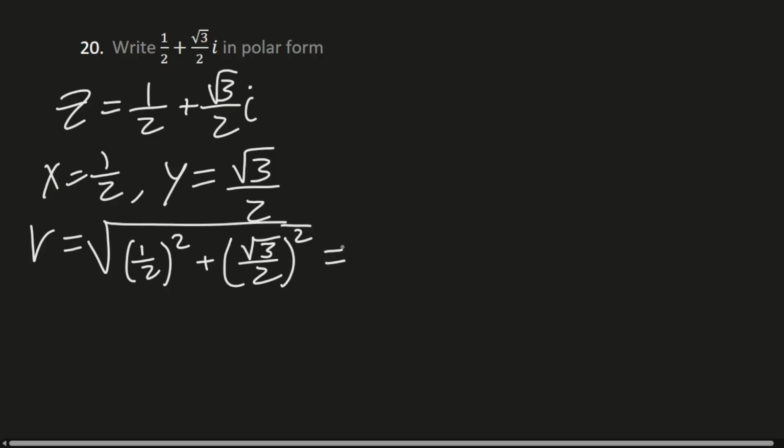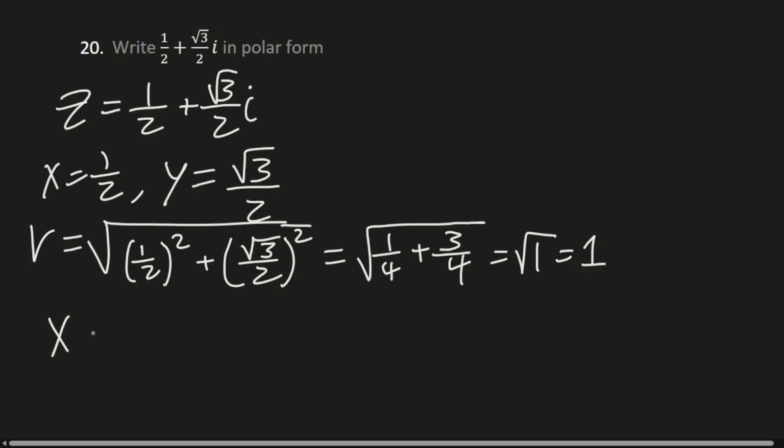So what that equals is the square root of 1 over 4 plus 3 over 4, which equals the square root of 1, which is just 1. And so x is equal to 1 times cosine of theta, and y is equal to 1 times sine of theta.